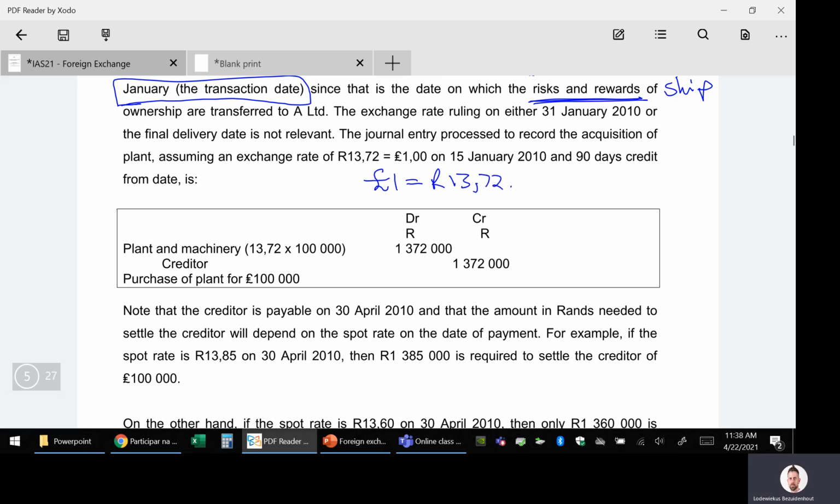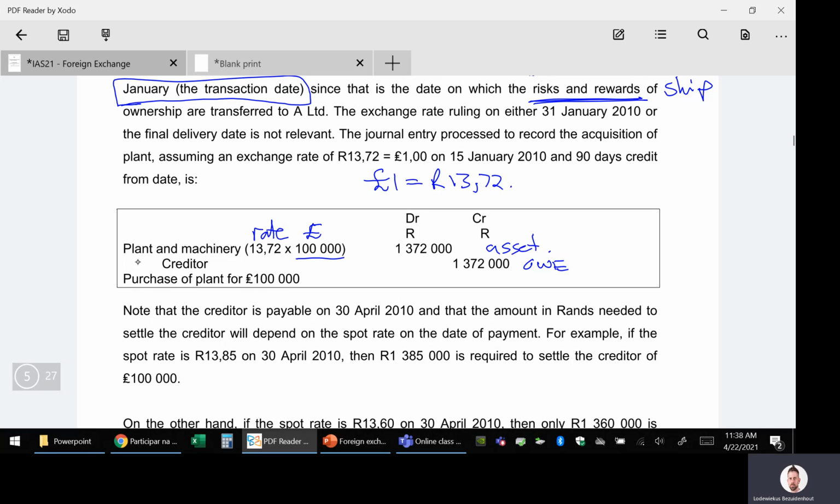It's exactly the same: 13.72 is equal to 1 pound, or 1 pound is 13.72. So we take the rate times the foreign currency, that was £100,000, and we debit the asset and we credit the creditor. We owe the money and we have an asset in the books.